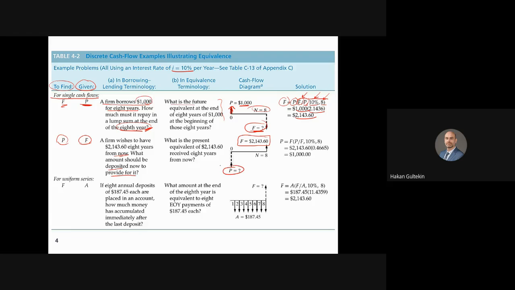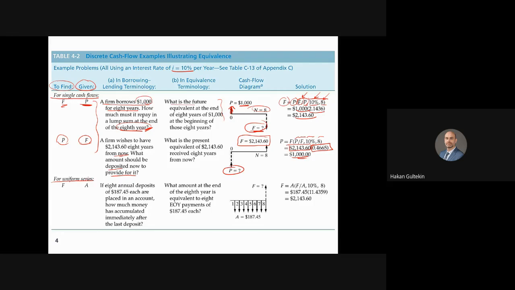Okay, we want to find the present value. And for this one, the factor that we are going to use is P given F, 10% and 8. And we will find this from the table, this value, and multiply it with the known future value to find the present value.